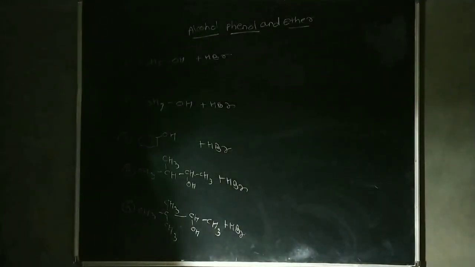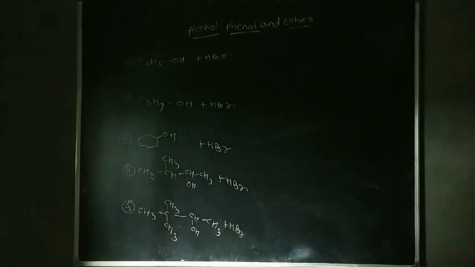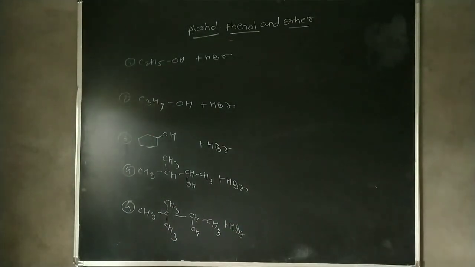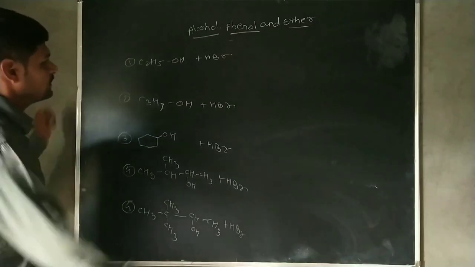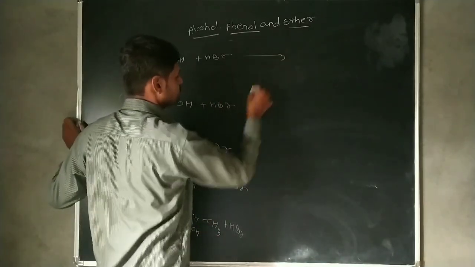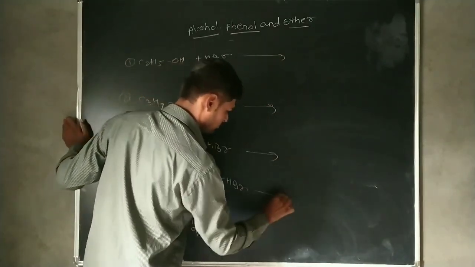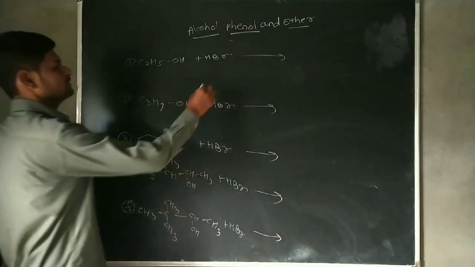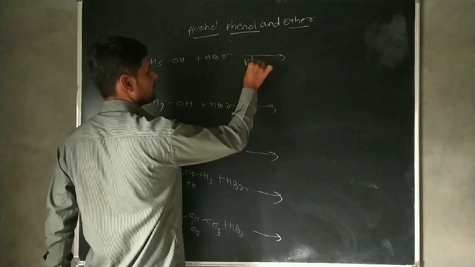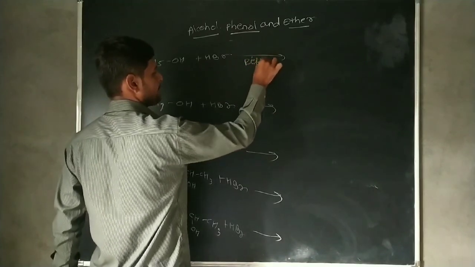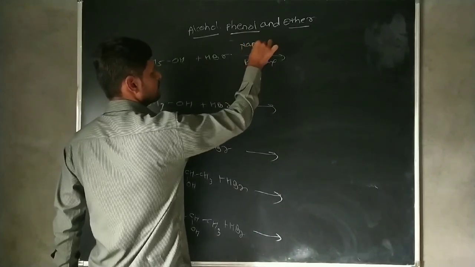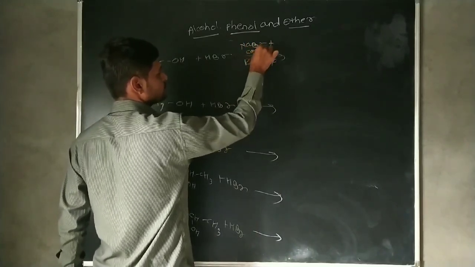In this reaction, the product formed is the respective alkyl bromide. In this reaction there is reflux, but the HBr is prepared separately, from NaBr plus concentrated H2SO4.